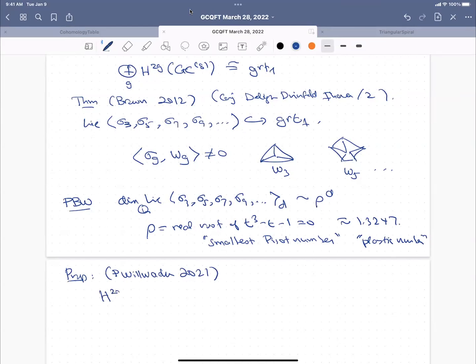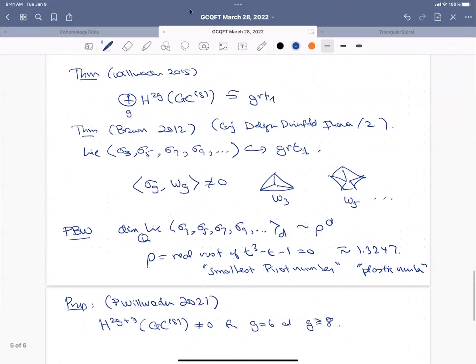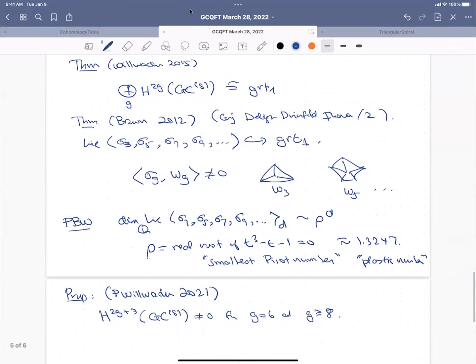So we showed that H^{2g+3} of the graph complex is not 0 for g equals 6 and for g at least 8. And there, if you're thinking about the weight 0 compactly supported cohomology of M_g, then it seems mysterious that you can put this together over all g and get a Lie bracket.